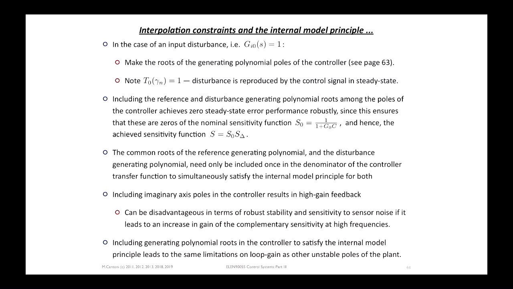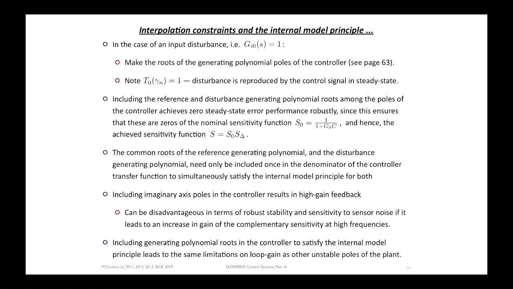It's robust in the face of modelling uncertainty as well, because we've seen that the sensitivity function of the perturbed closed loop, when you replace the model of the plant by another model that includes multiplicative modelling uncertainty, is just the product of the unperturbed sensitivity function and another function. What we're doing with the internal model principle is making sure that this has zeros in the right spot.